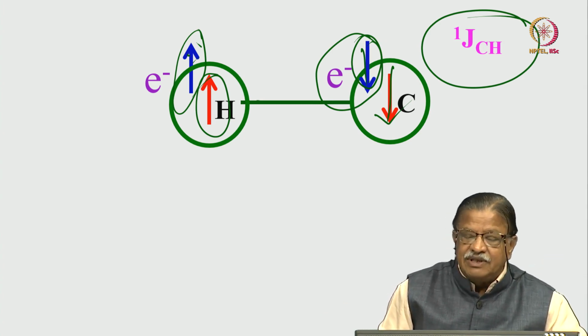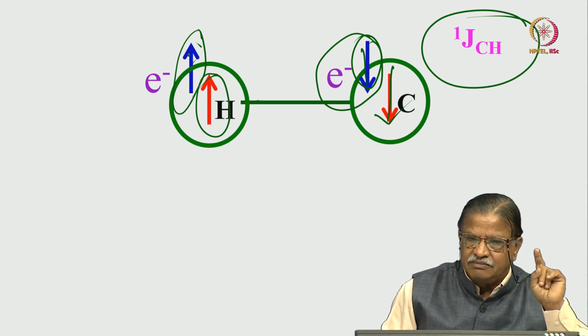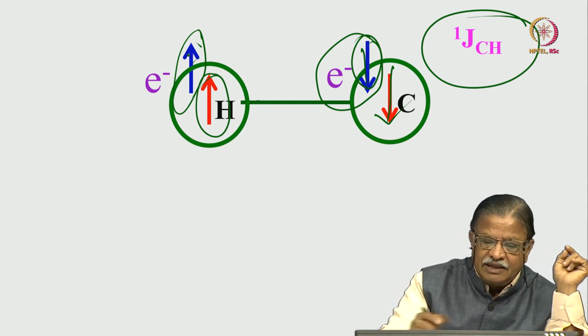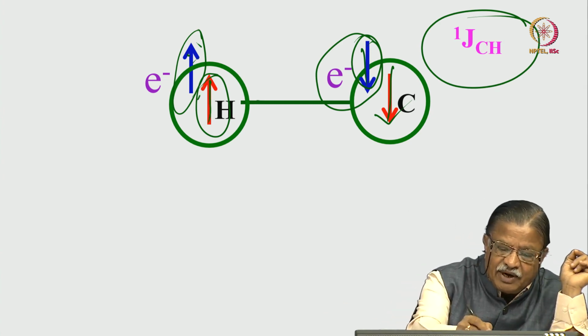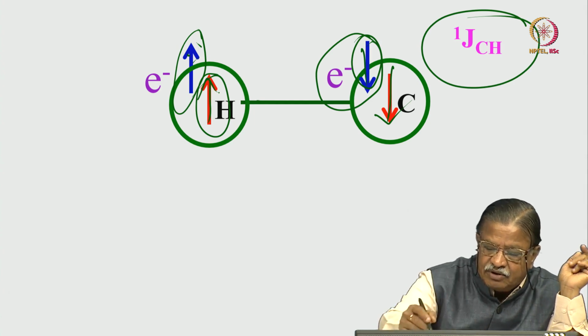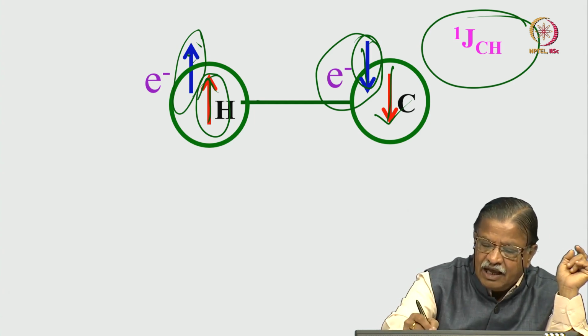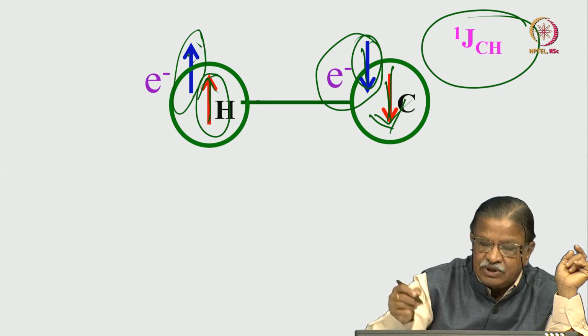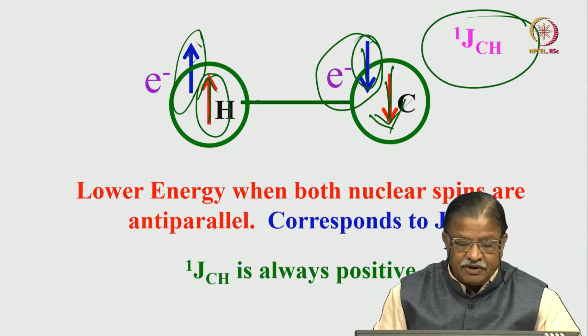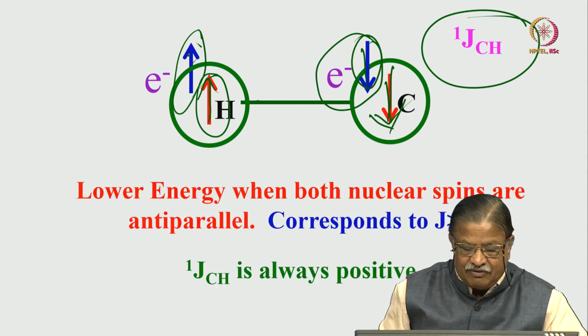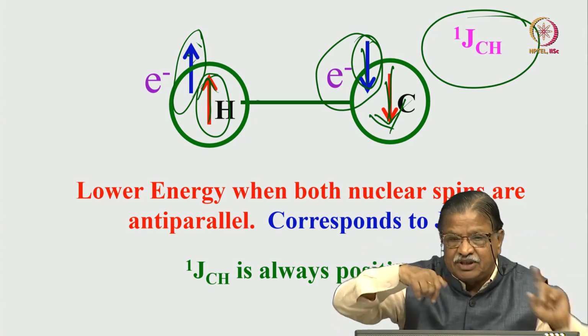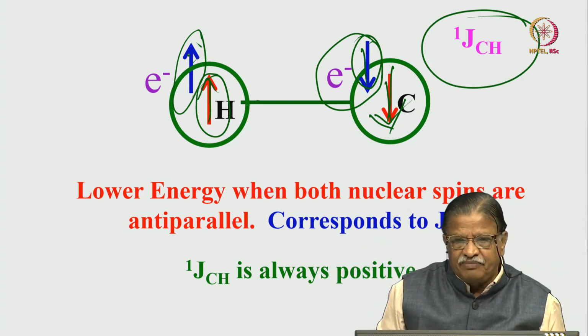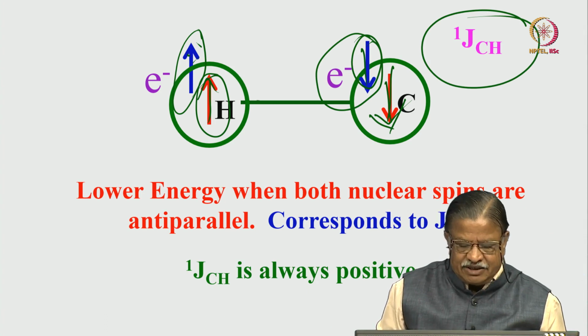And this electron in turn ensures that this is opposite because of the stable state, then only is it energetically stable. So, if I have one JCH, only one bond between carbon and proton, and I start with the proton spin oriented like this, it will ensure through the electron that the other spin is oriented opposite to this. That means when both of them are oriented opposite to each other, it is a lower energy, stable state.